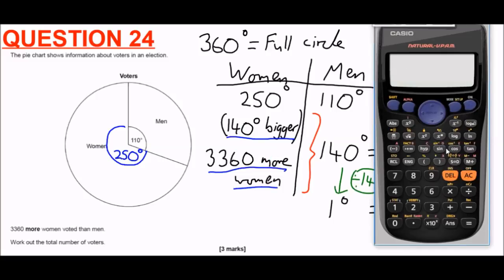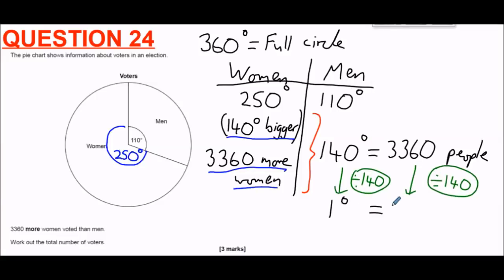And so 3,360 divided by 140 equals 24. And so that tells us that 1 degree represents 24 people. So each degree of a pie chart is representing 24 people.